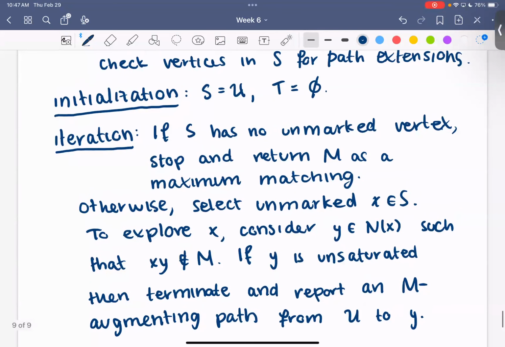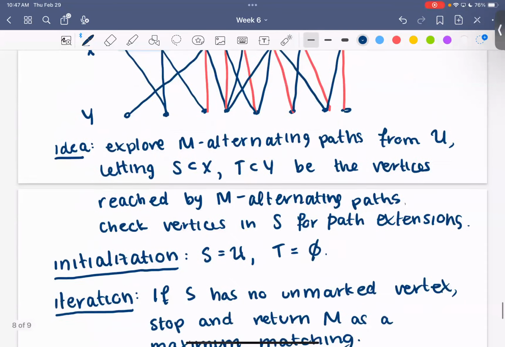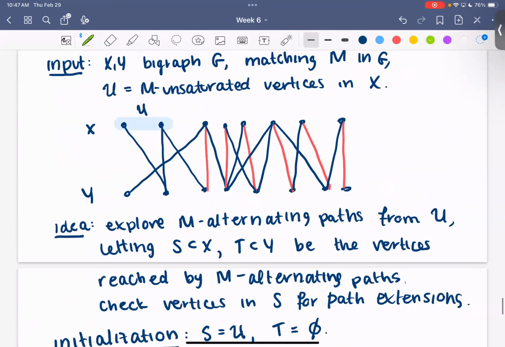Okay, so let me go back and explain. So let's say this is my vertex X. So we know already that in previous steps of the algorithm, perhaps we've reached X via a path that started with a blue edge and then entered X via a red edge.